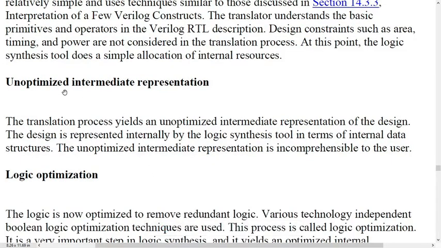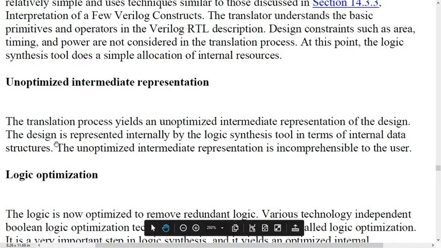Then we will have an unoptimized intermediate representation: the translation process yields an unoptimized intermediate representation of the design. So the design is represented internally by a logical synthesis tool in terms of internal data structures, which is not optimized.